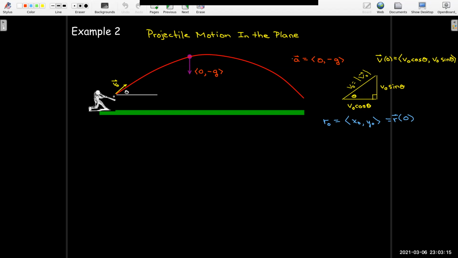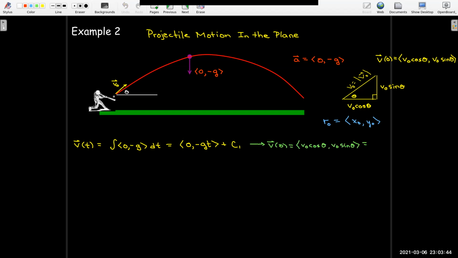So we're given this acceleration function, and we want to get to the position function, making use of these initial conditions. To get to the velocity first, we'll take the antiderivative of acceleration. We are going to get a vector constant there.